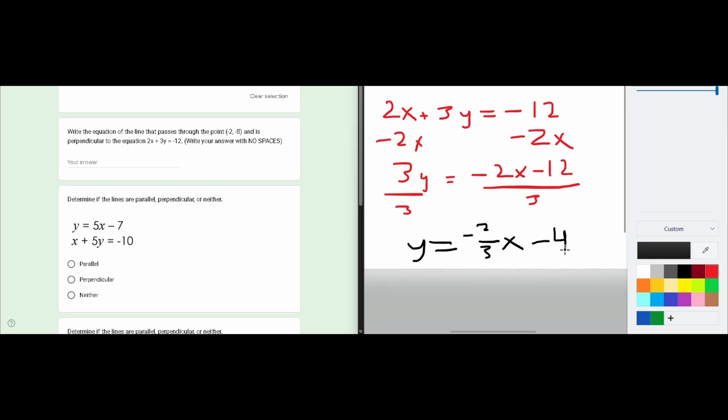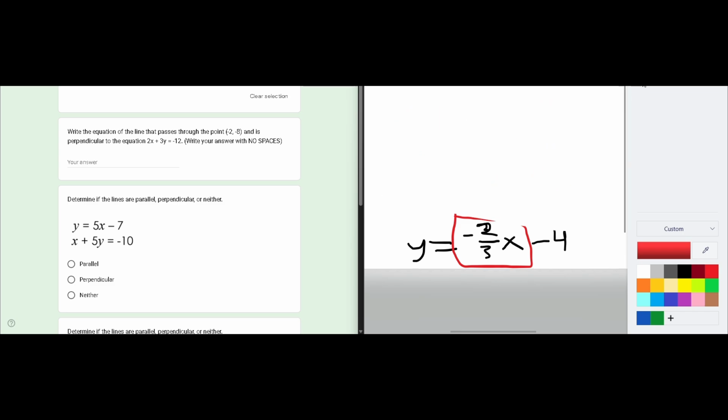Now we divide both sides by 3 to get y by itself. -2 divided by 3 is -2/3, and -12 divided by 3 is -4. So we know that our slope is -2/3 x.